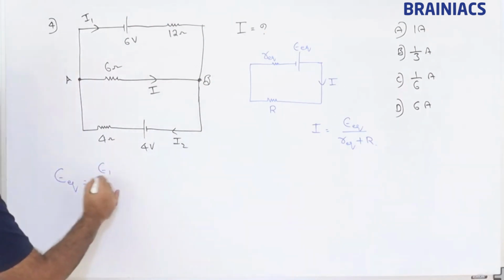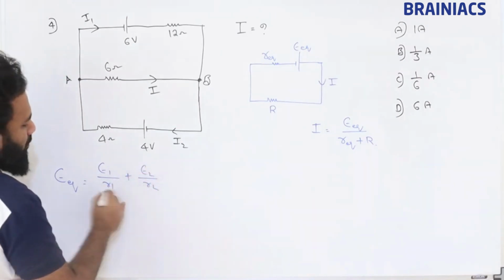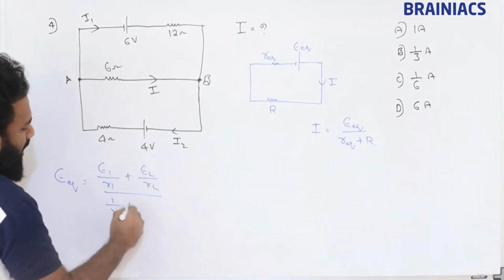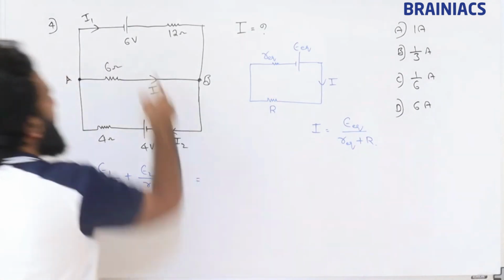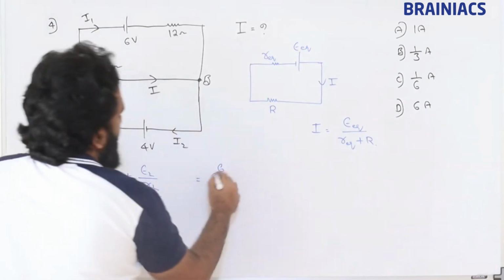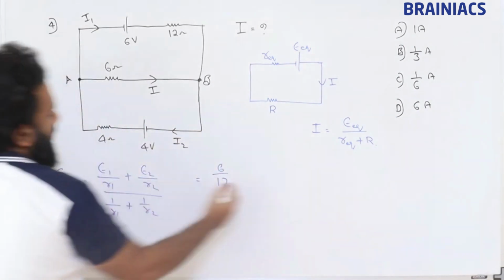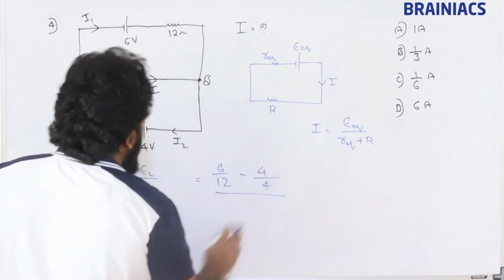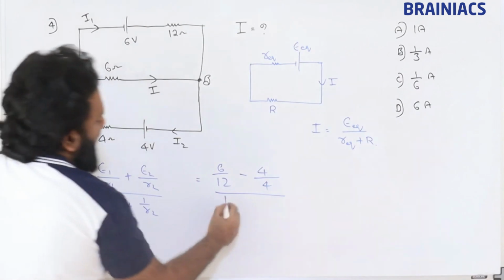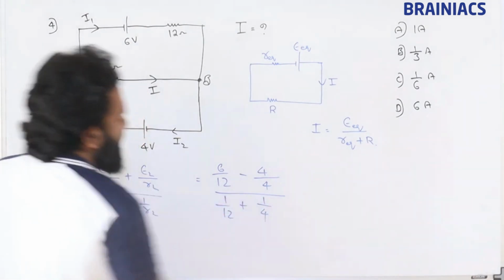This is a parallel combination, so E1 by R1 plus E2 by R2, divided by 1 by R1 plus 1 by R2. Now what is E1? 6 divided by 12. Here the polarity is changed, so I put minus 4 divided by 4, divided by 1 by R1, which is 12, plus 1 by R2, which is 4.